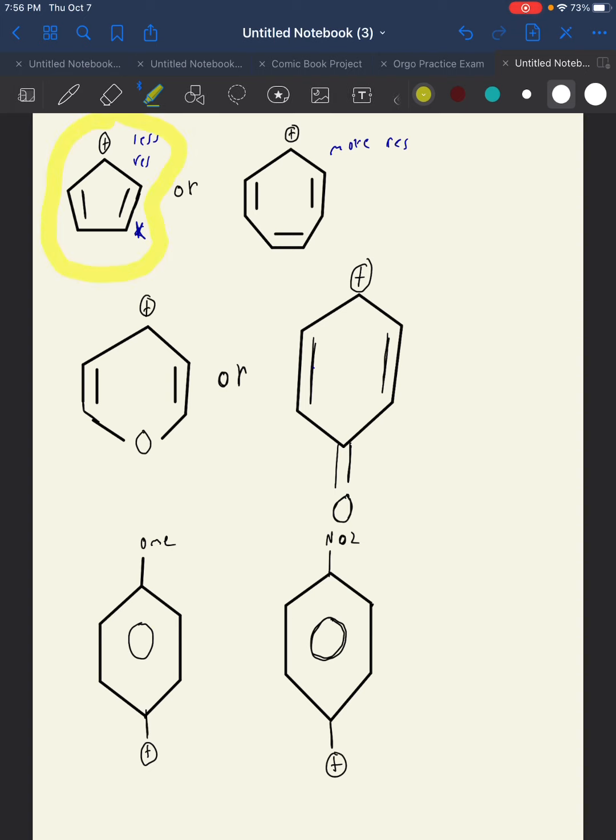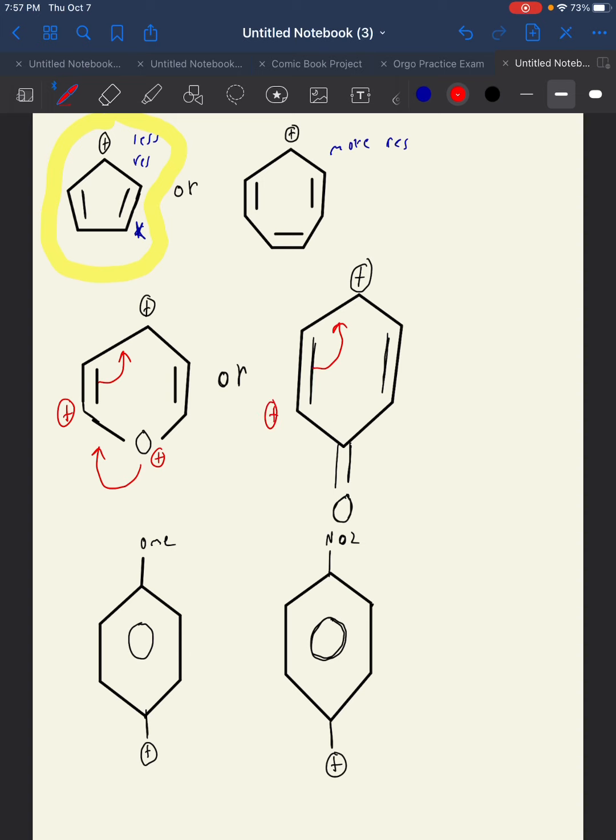Moving on to the next one. Here we have two positive charges, and we have two oxygens. However, if you notice, with resonance, we can resonate this charge here, and then you could resonate again with the lone pair on the oxygen, actually putting the positive charge on the oxygen. Now the molecule on the right, when we resonate here, we would get a positive charge here, and then we can't resonate that anywhere else.